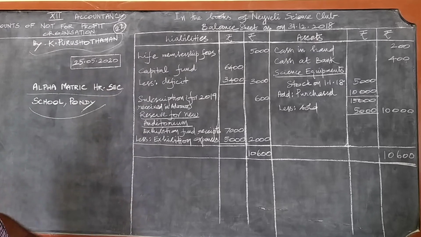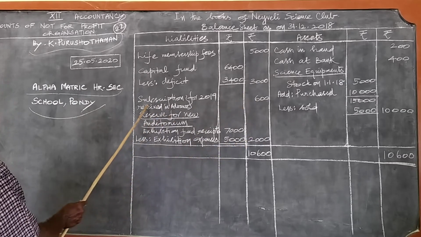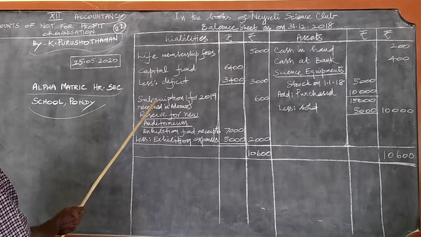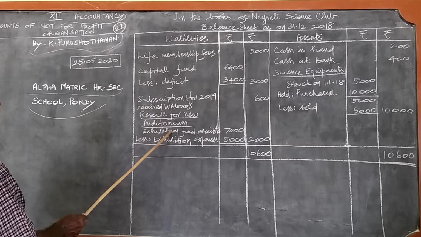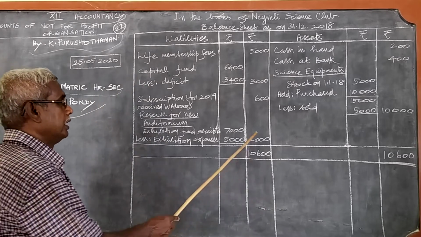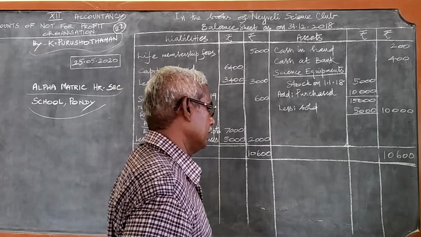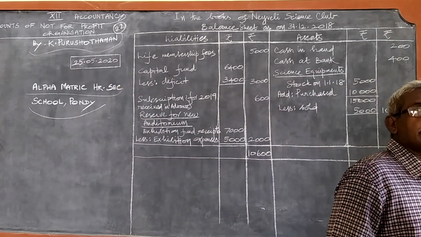From that 7,000, 5,000 was spent. How much is excess? 2,000. That must be kept under reserve for new auditorium. The reserve is a liability, and therefore it is written on the liabilities side. I have written them now. We can find the total on both the sides equal. So what we have prepared as balance sheet is correct.